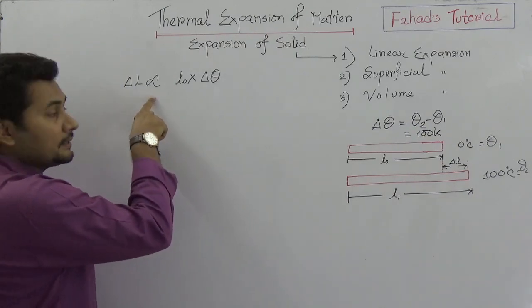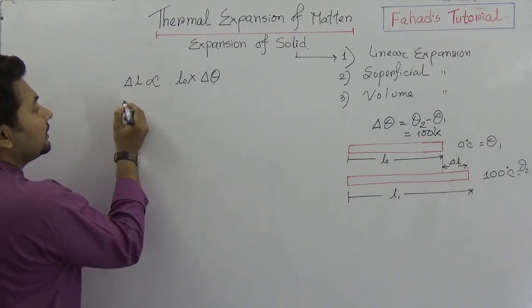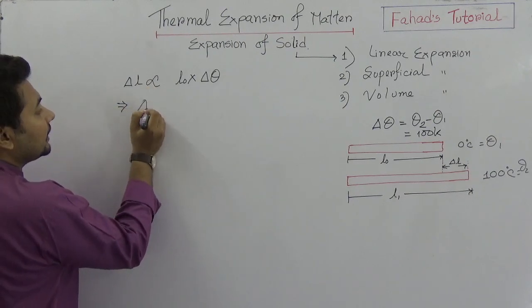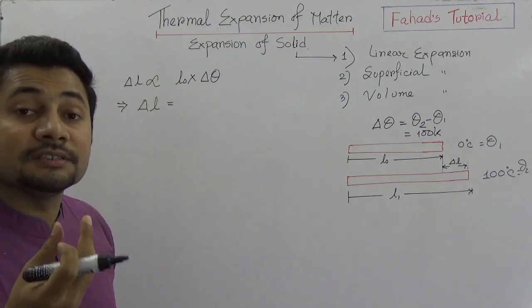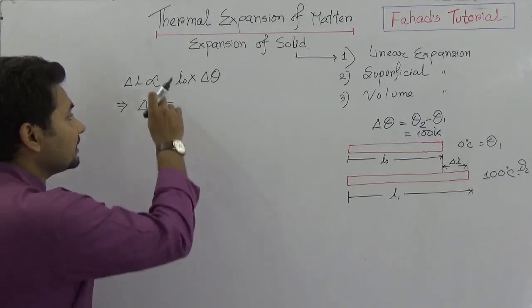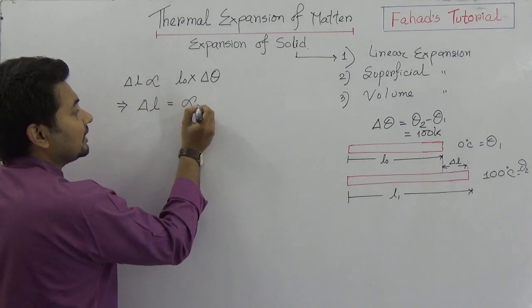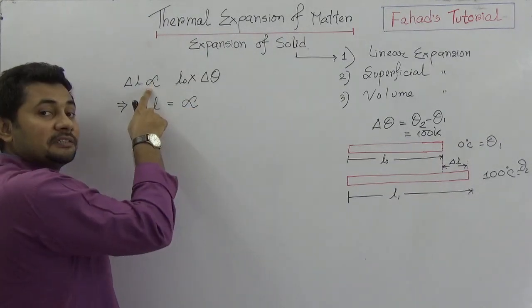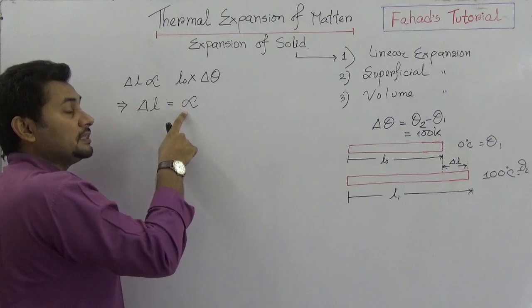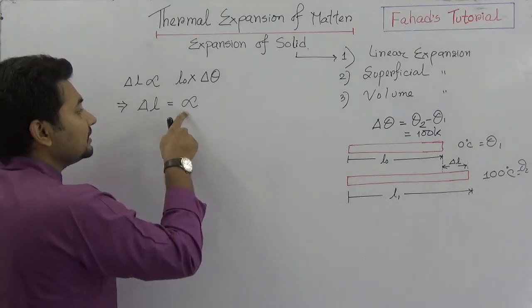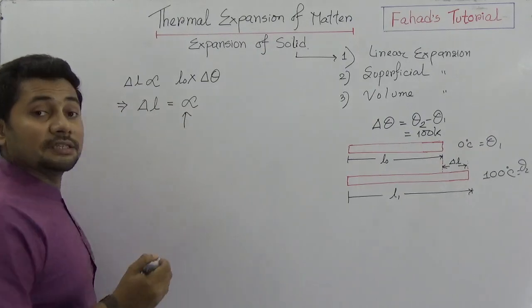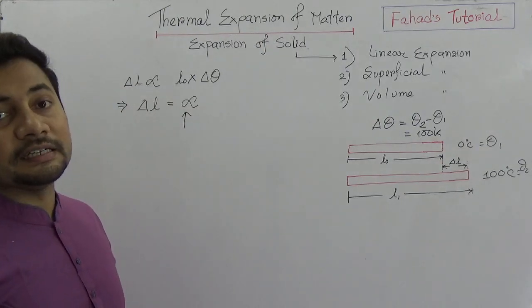So this is proportional. Now we have to make the constant of proportionality, and in case of linear expansion this is alpha. This alpha is the constant of proportionality, and it is known as the coefficient of linear expansion.